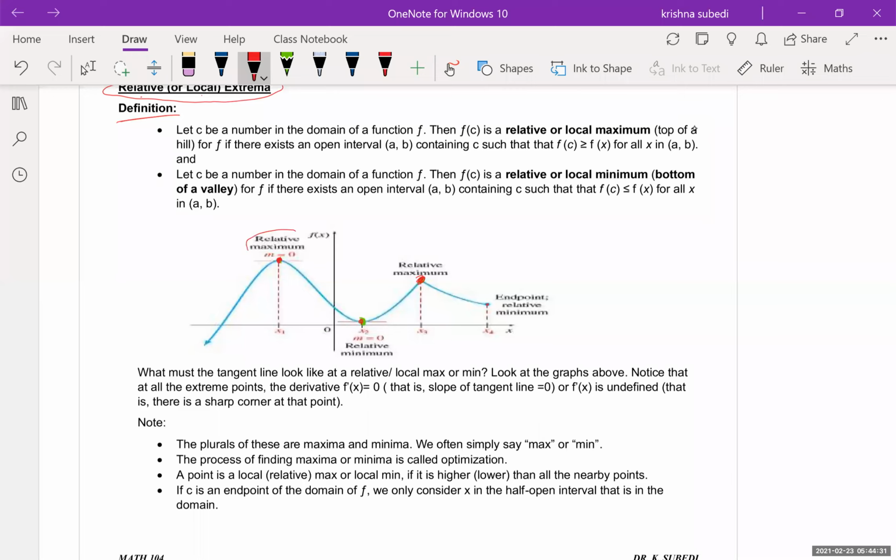This one is called relative maximum, and this is another relative maximum, or sometimes called local maximum, at x equals x1 and x3. So at these points we have local or relative maximum, and local minimum at x equals x2 here, and there is the endpoint as well.